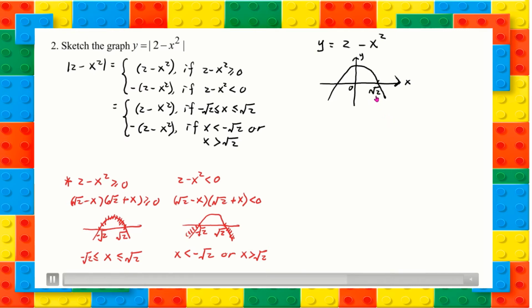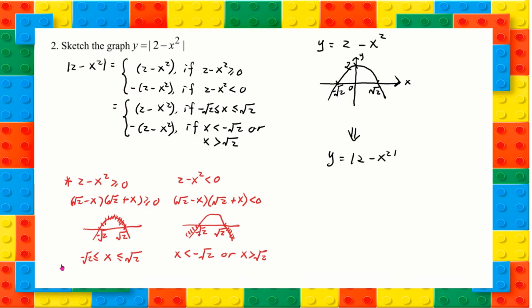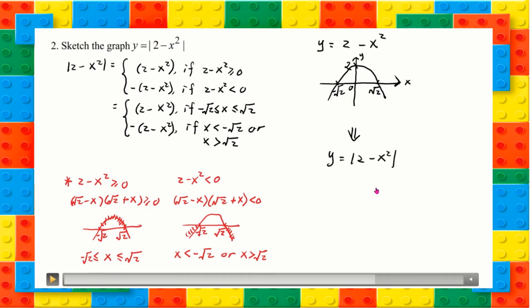Then we label the x-intercepts square root of 2 and negative square root of 2, and the y-intercept is 2. Then from this curve, we can continue to get the curve of modulus 2 minus x squared.